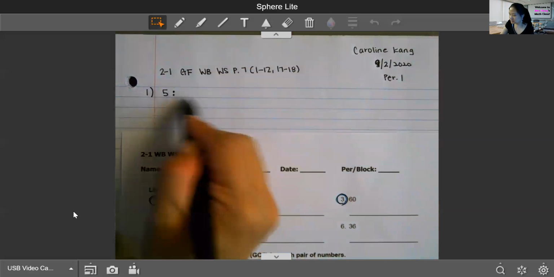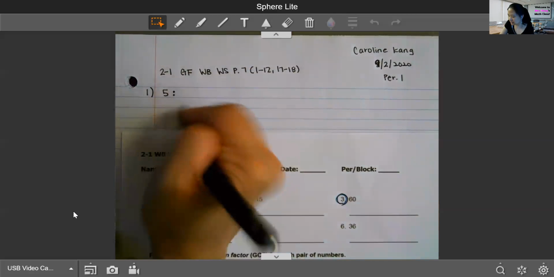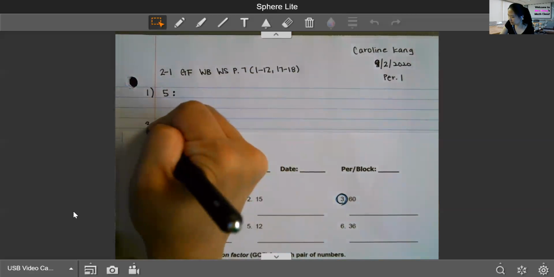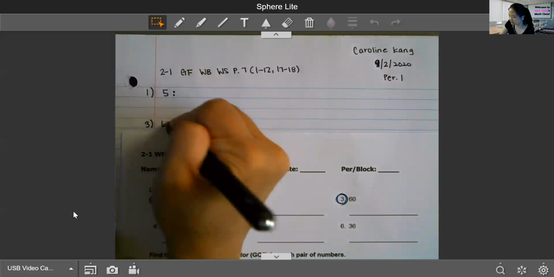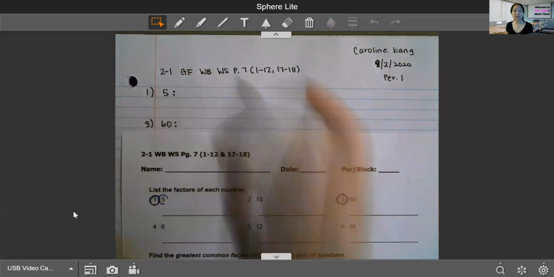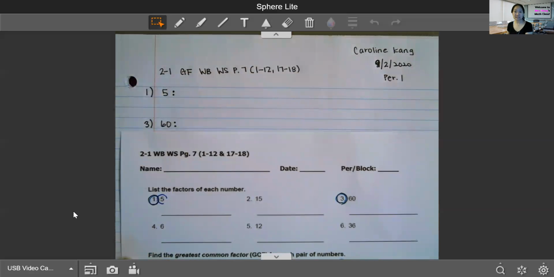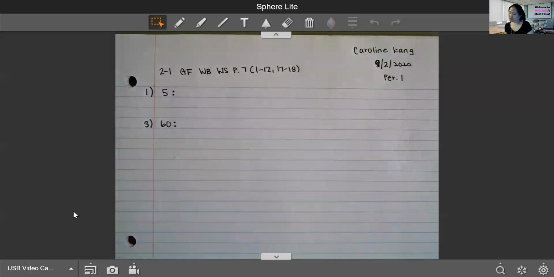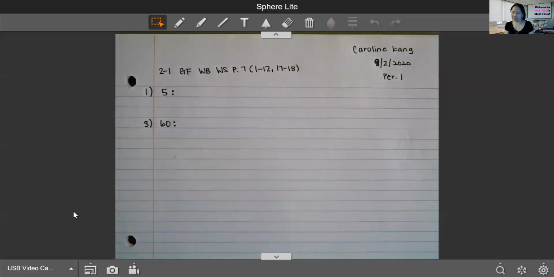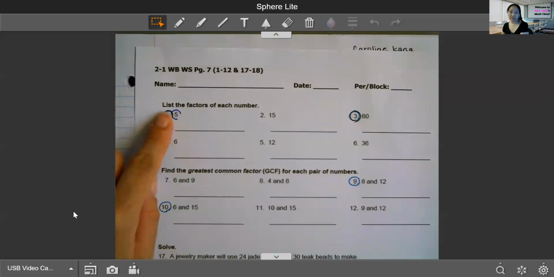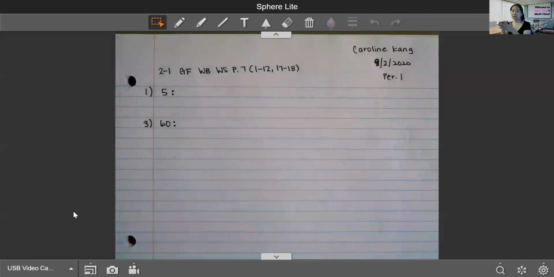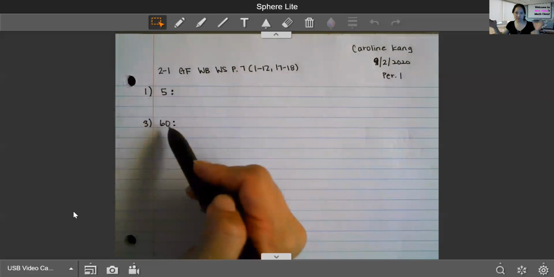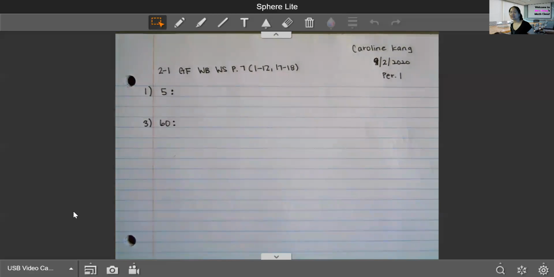It doesn't take much space, so I'm just going to skip 2 lines, and I'm going to write number 3, and I'm going to write 60 so that I can find factors of 60. It says list the factors. So we are going to list all of the factors that when you multiply those 2 factors that go together, it should give you 5, and then another set of factors that would give you 60.